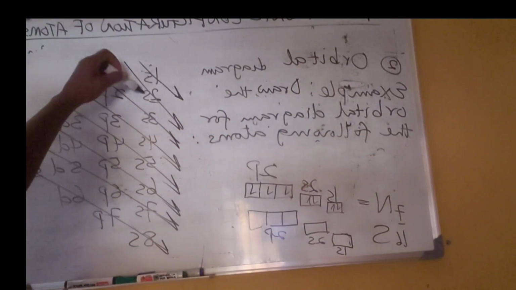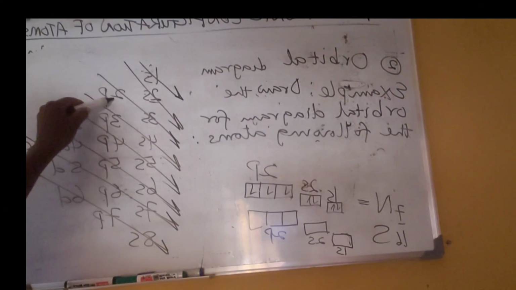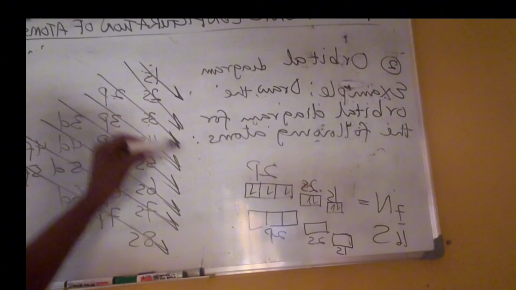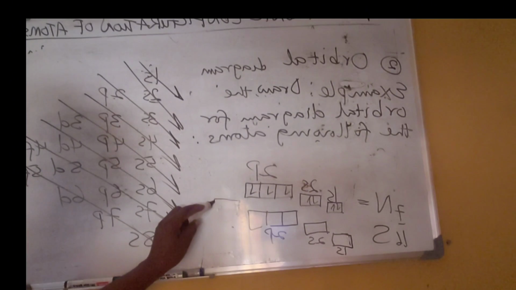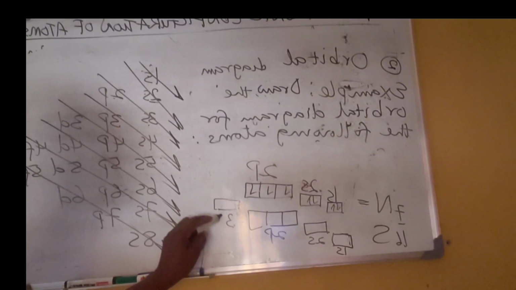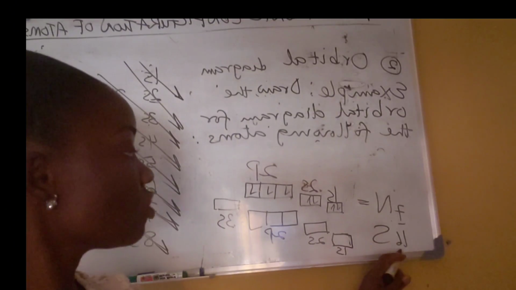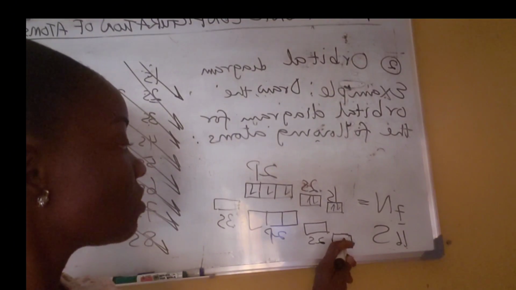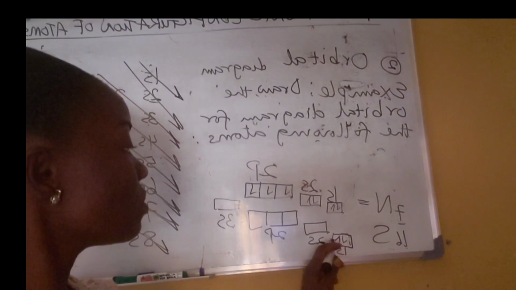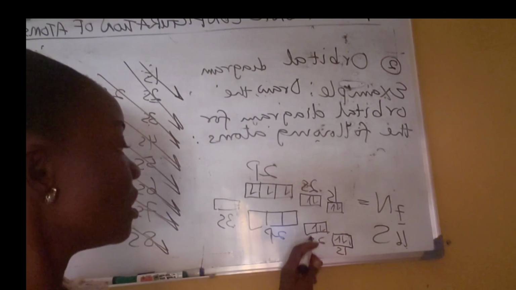So I've written for this, and then the next one is 3s. I'll move up a little and draw for 3s. Okay, let us start filling. We have 16 electrons to share. So give this 2, give this one 2 electrons.